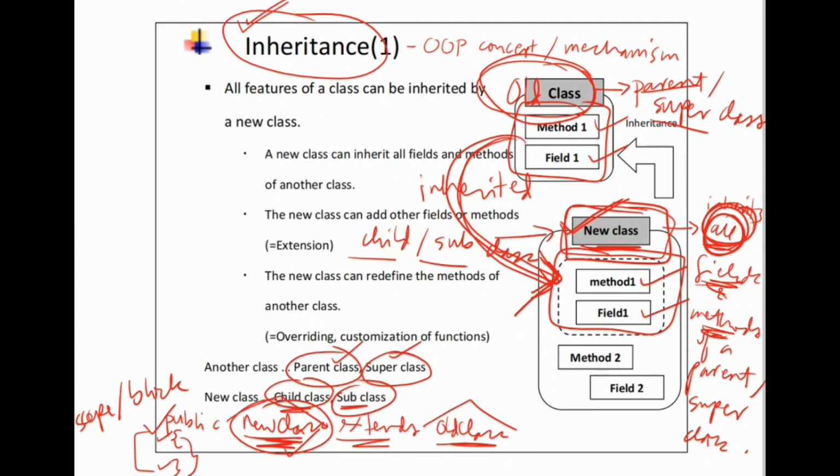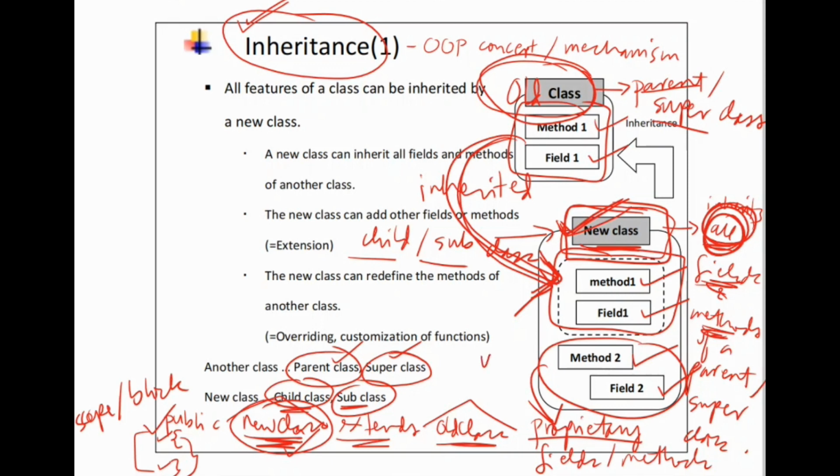And then the new class may have its own proprietary fields or methods. Proprietary means its own unique fields and methods. So for example, in this case, for the new class, the child or the subclass of the parent class, we have field 2 and method 2 as the proprietary fields or methods.